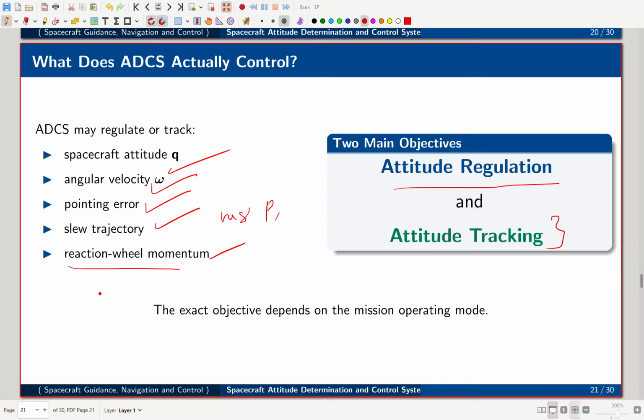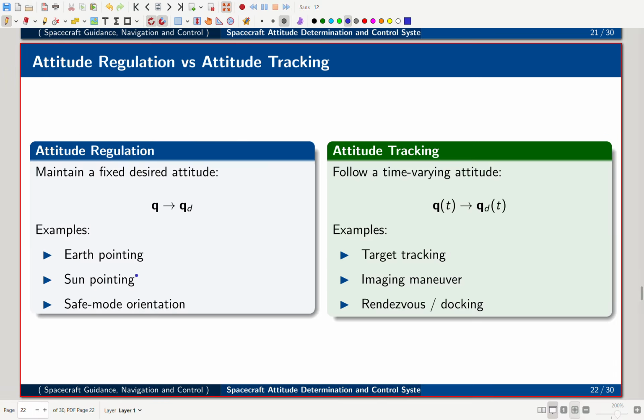This is very important. In regulation, we have a fixed value and we have to achieve it. In tracking, the reference point changes over time, so we have to track it over time, right? So here the reference is not fixed, while there it is fixed. The objective depends on the mission operating mode, and the various mission operating modes can change. So: attitude regulation and attitude tracking.